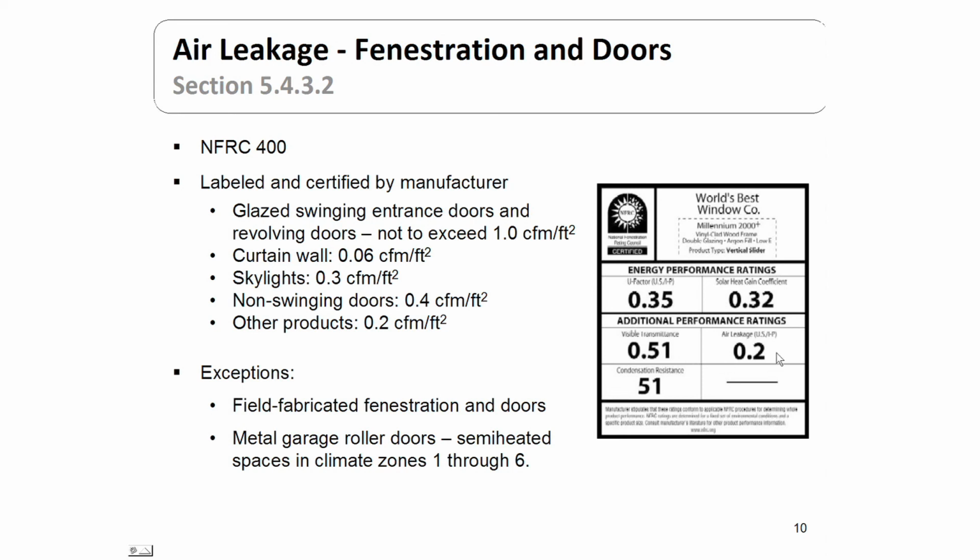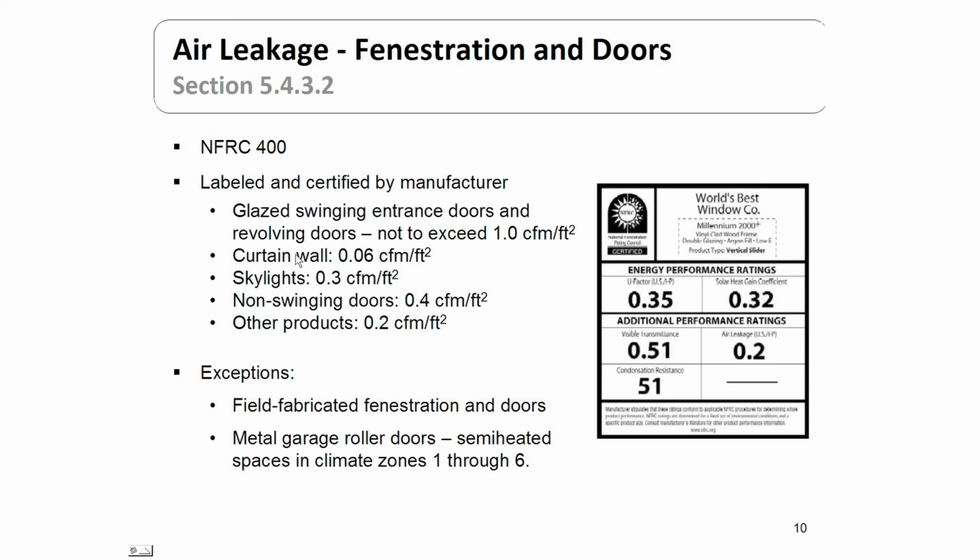This is an air leakage rate over here. So all of these numbers are shown on the manufacturer's labels. And what the ASHRAE code then limits you to is 1 CFM per square foot if you have a swinging entrance door or revolving door.